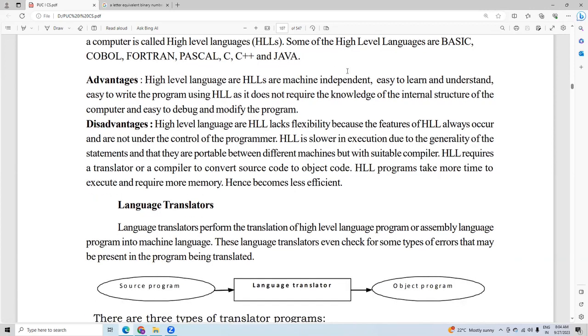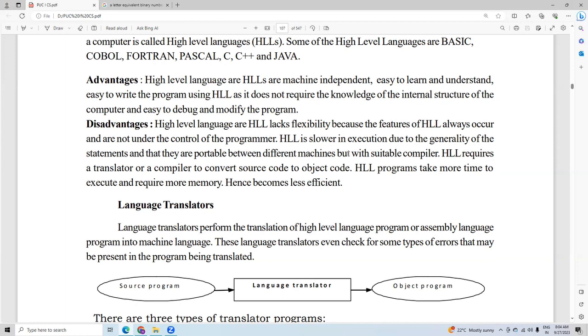What are the advantages? They are machine independent, easy to learn, easy to write, easy to modify, easy to identify mistakes, and you don't require any knowledge of architecture of computer. Even if you know very little about the computer, directly you can learn this language, right? High level programming language.